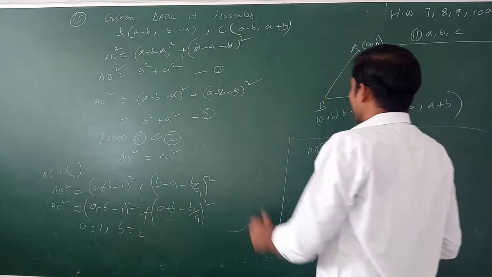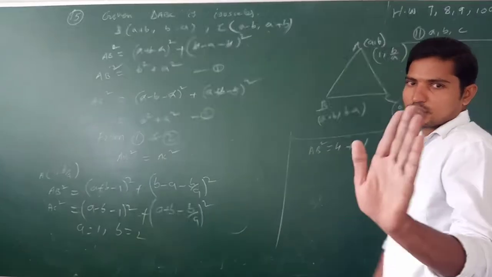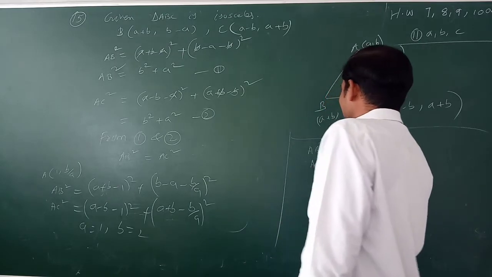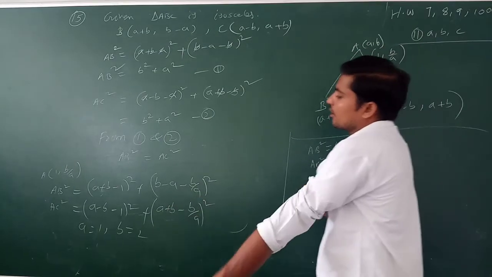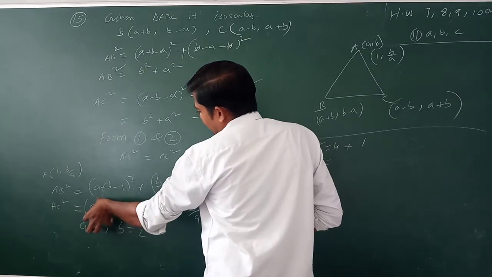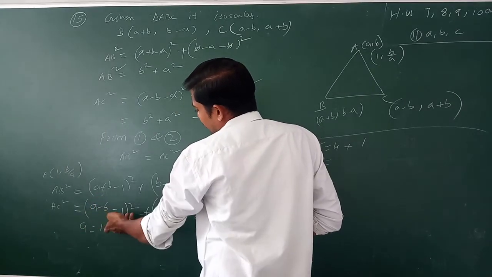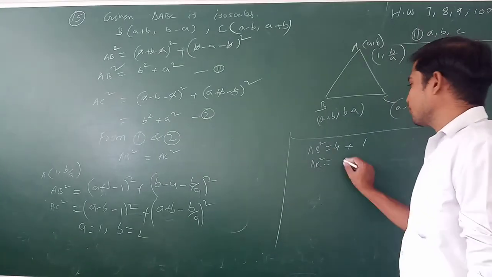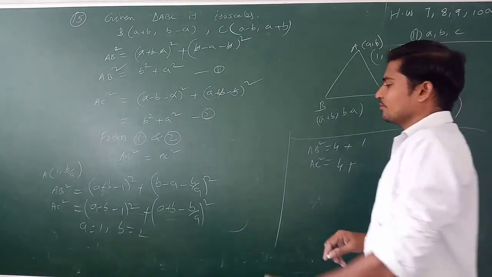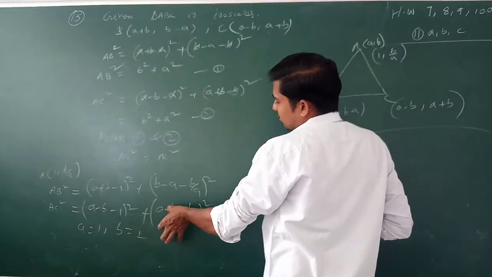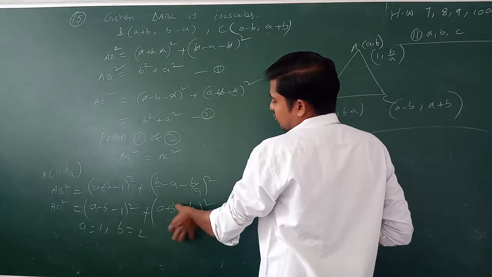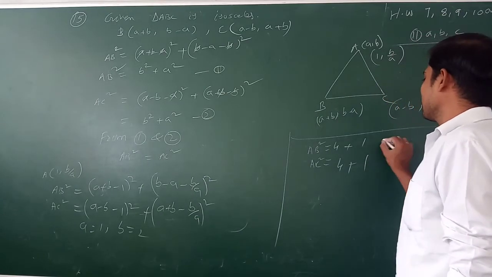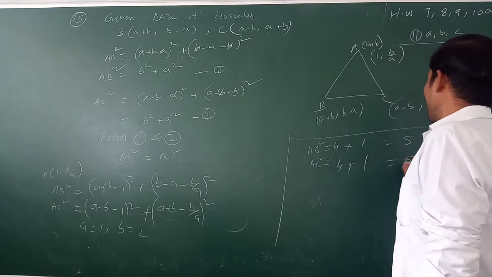So minus 1 whole square is plus 1. Clear? Next, AC square. Instead of A we are substituting 1. 1 minus 2. 1, the minus 1 is going to be cancelled. So minus 2 whole square equal to 4 plus 1. This is 2, this is minus 2. 2 minus 2 going to be cancelled. So which becomes 1, which is 5, which is also 5.